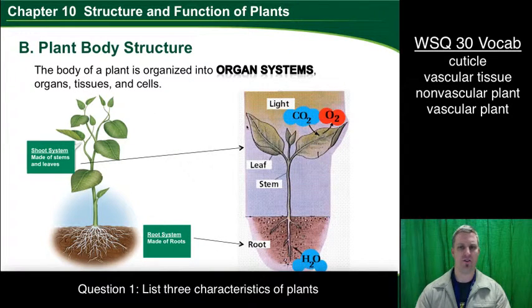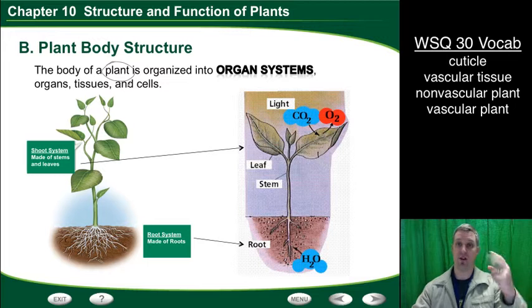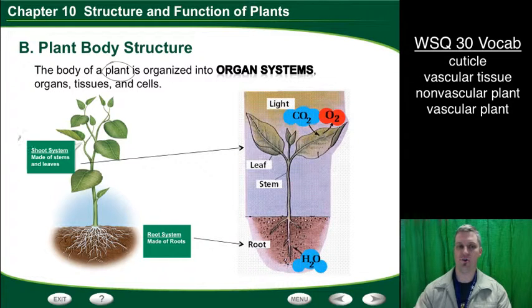Let's talk about the structure of plants. The plant body is organized into five levels if you start with the organism, which is the plant itself, and then you have organ systems, organs, tissues, and cells. In plants, there are really two organ systems.